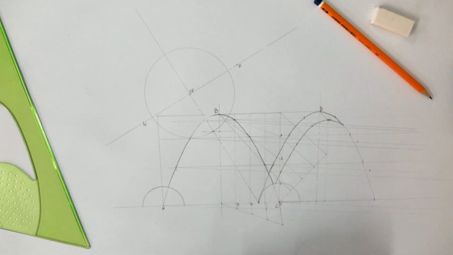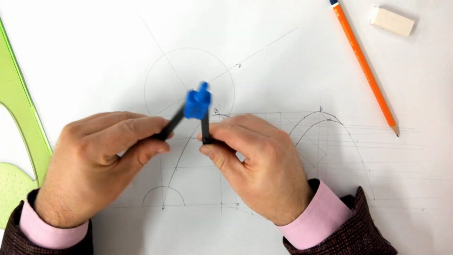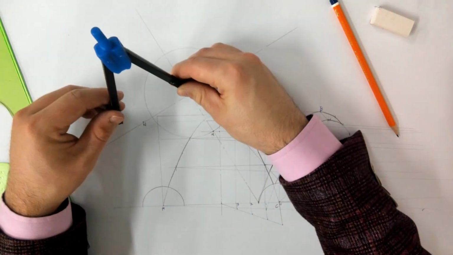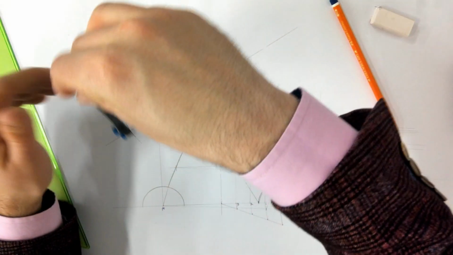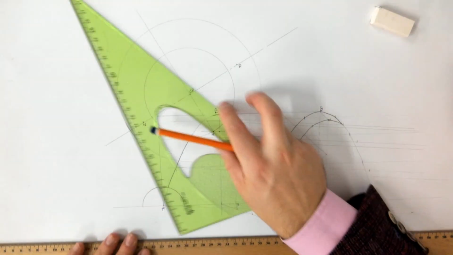Now, as I said, to find the major, we're going to take the distance from M to N. So this is half the major diameter, and we're going to bring it to the centre, and we're going to swing the major circle, and then we're going to divide it up as I spoke about.